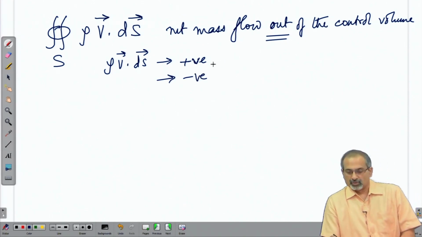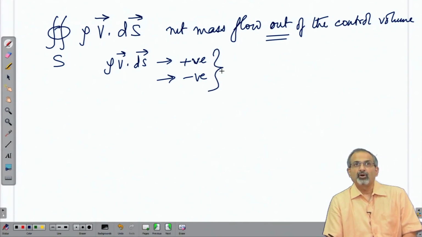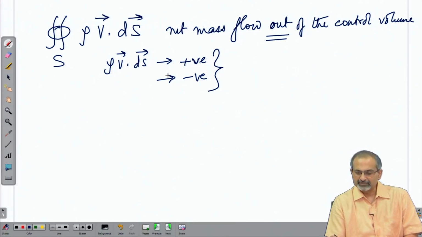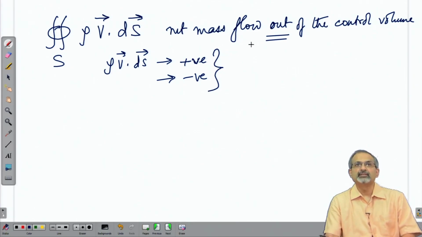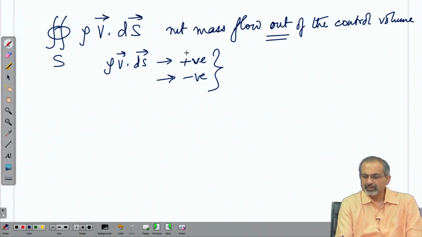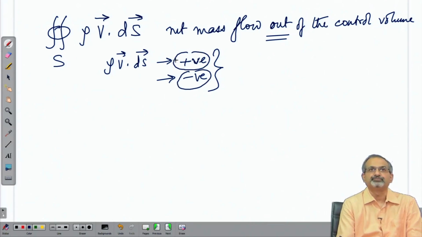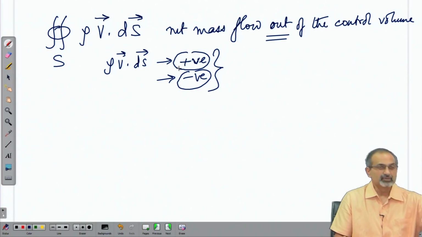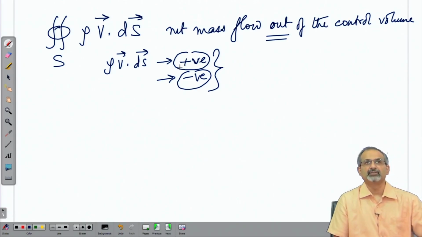When you sum up all the effects, finally you figure out whether there is an effective net mass flow moving out of the control volume or net mass flow moving into the control volume, depending on whether the final quantity happens to be positive or negative. So, this is one aspect of the mass conservation equation.